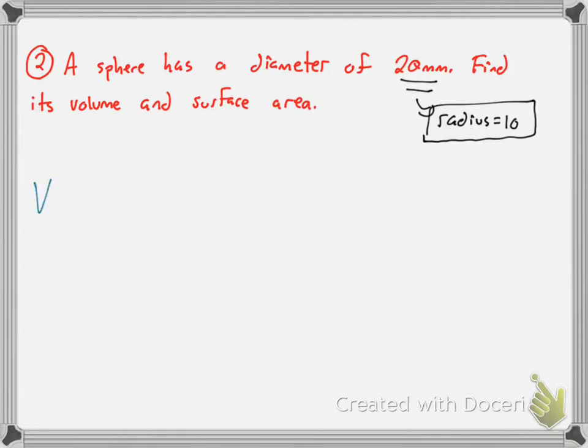So again, for volume, I'm going to type it into my volume formula. So 4/3 pi 10 cubed. And I get 4,000 pi over 3, which is also equal to 4,188.79 millimeters cubed.